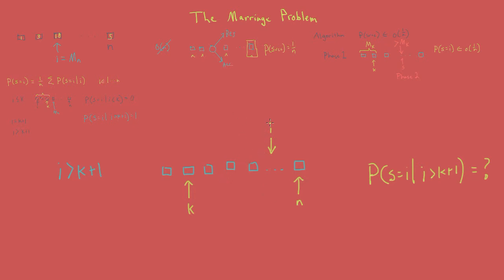Well, our algorithm will select I so long as none of the intervening elements here are greater than m sub k. So we're going to call the intervening elements the J set. We're going to call the first k elements the K set. And we're going to call the disjunction of the K set and the J set the R set. So the R set is all of the elements that we reject.